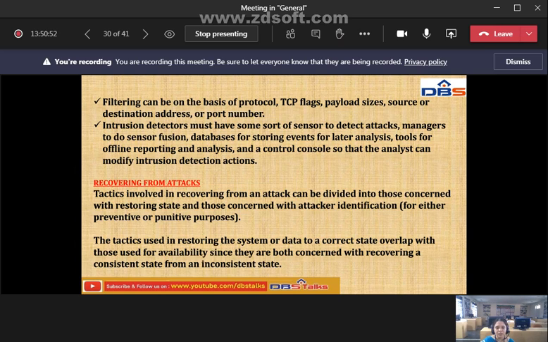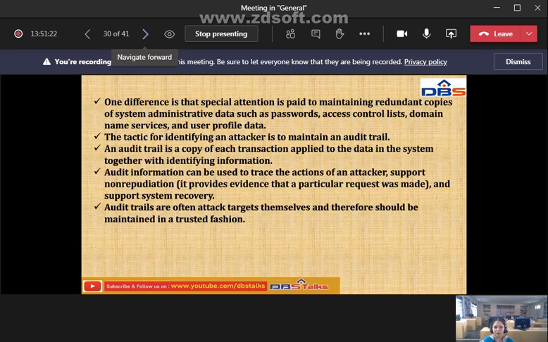These overlap with those used for availability, since both are concerned with recovering a consistent state from an inconsistent state. While applying this procedure, they are recovering a consistent state from the inconsistent state.